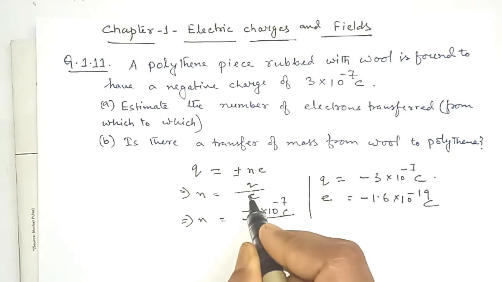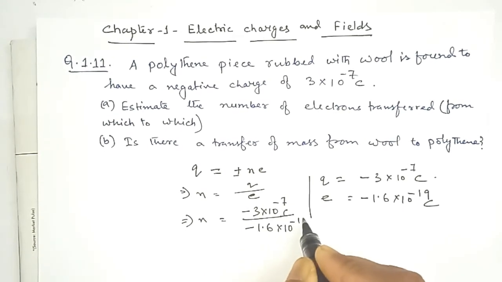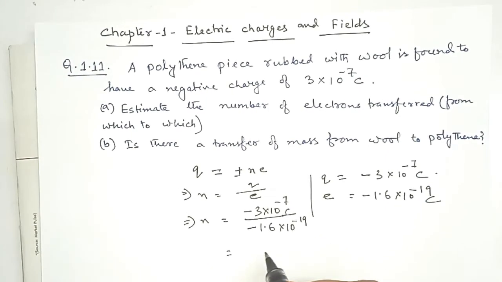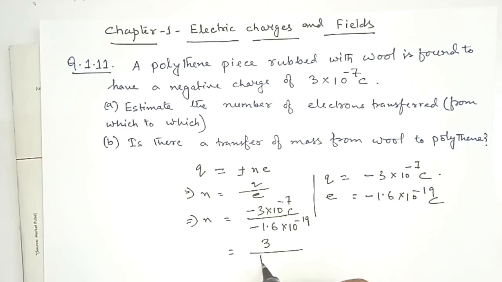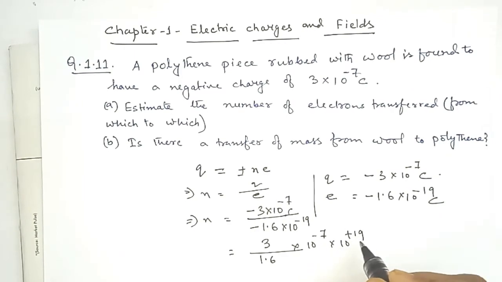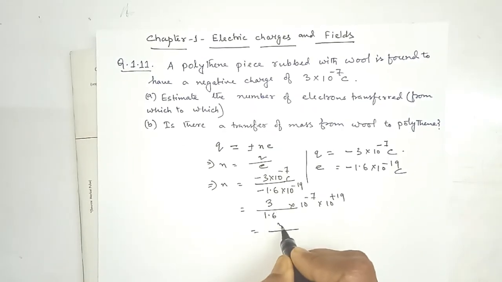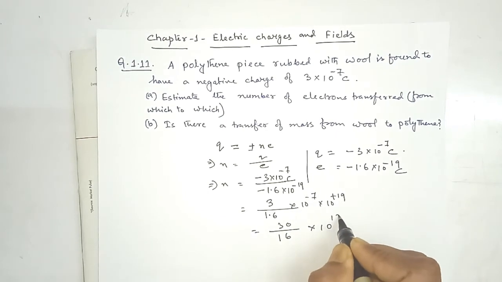So N equal to 3 by 1.6 into 10 to the power minus 7 into 10 to the power plus 19, which is 30 by 16 into 10 to the power 12.